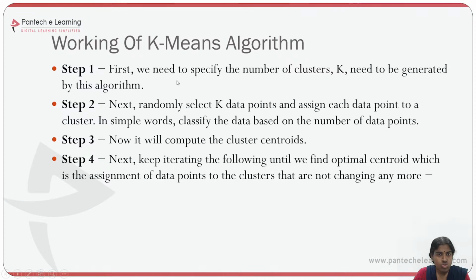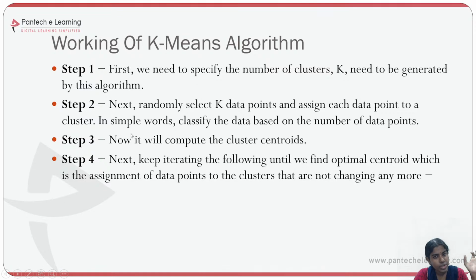Firstly, I need to specify the number of clusters. The k denotes the number of clusters in the algorithm. This is my first step, the k value selection. How am I going to group the raw data points into different clusters? Firstly, I need to generate the k value. Based on that, I have to randomly select k data points and assign each data point to a cluster. I am going to classify the data based on the number of data points.